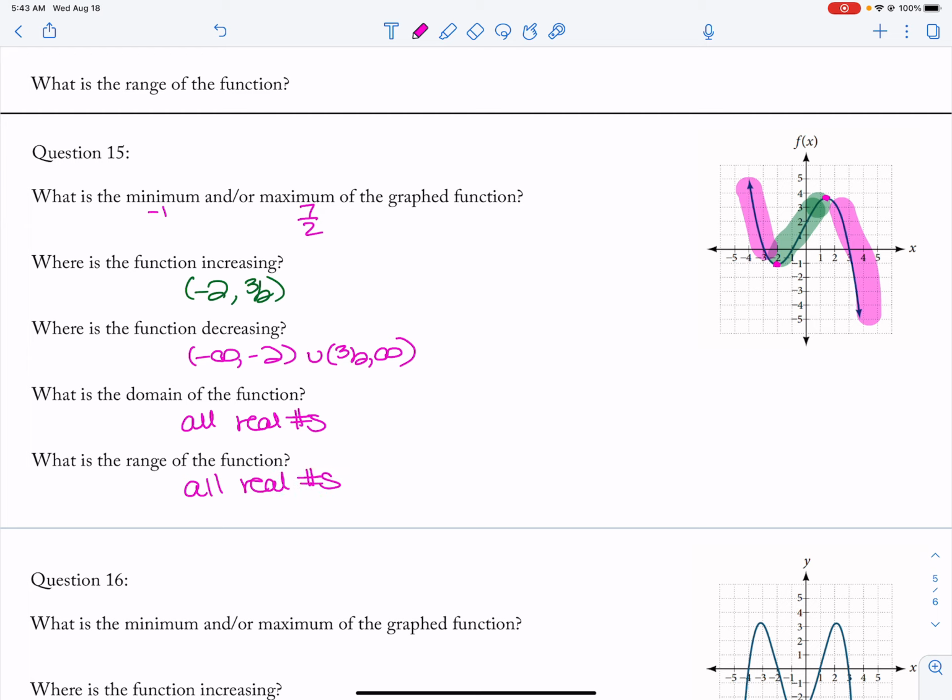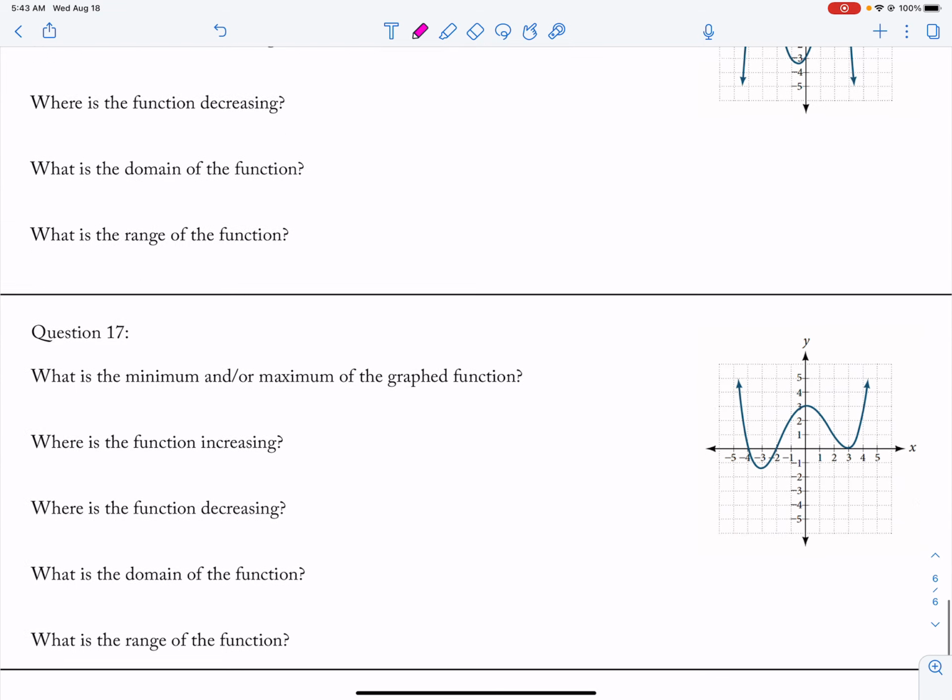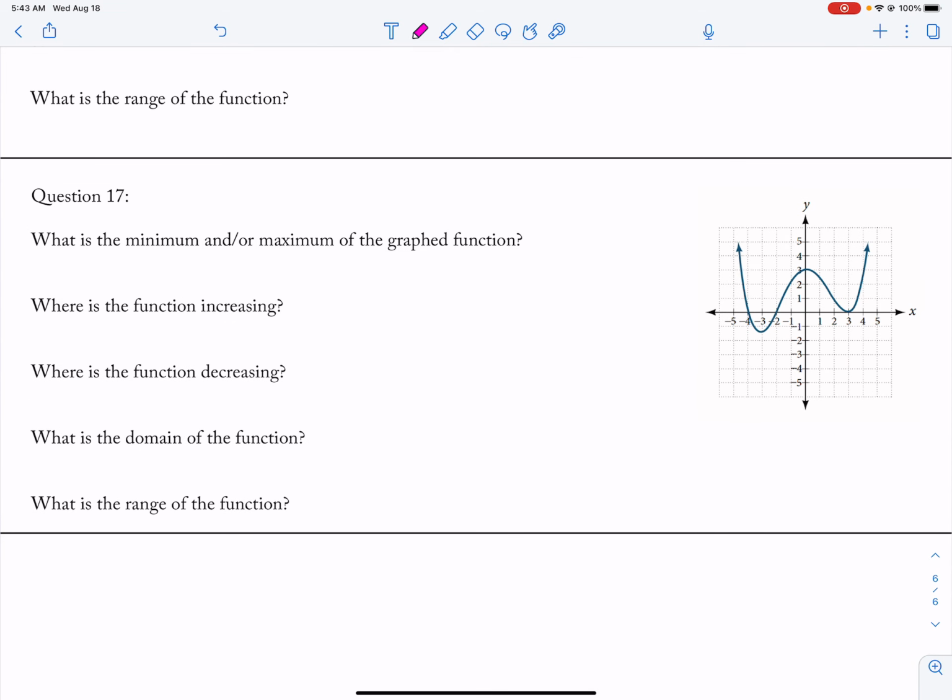Okay. And then the last one I'm going to do is 17. What's the minimum and maximum of the graphed function? I do have some minimums. When I ask you for a minimum, I'm looking for an absolute. So the absolute lowest point on the graph, which is approximately right here, which is not quite -1.5, so maybe -1.25.